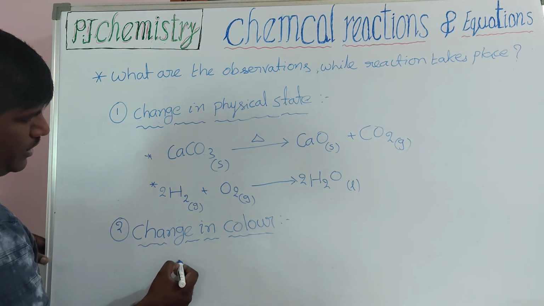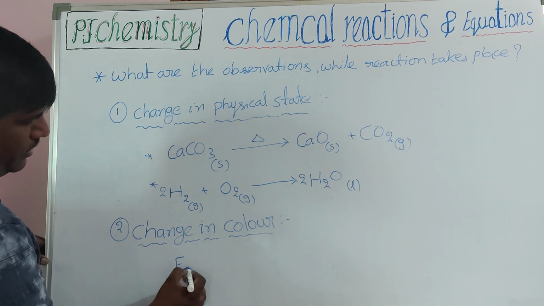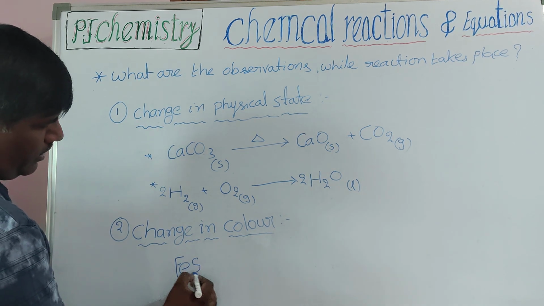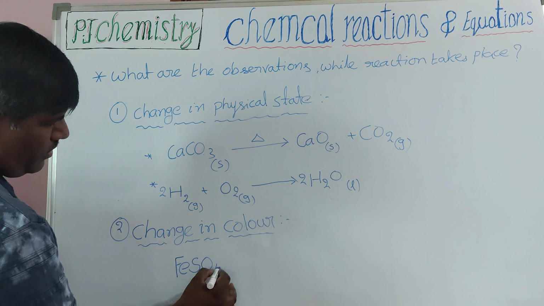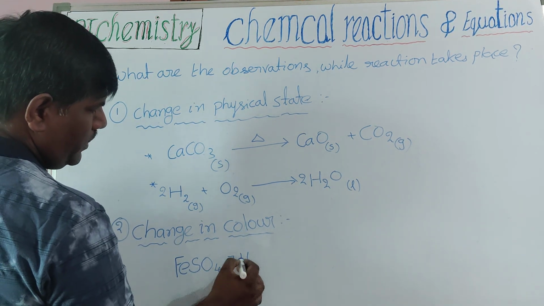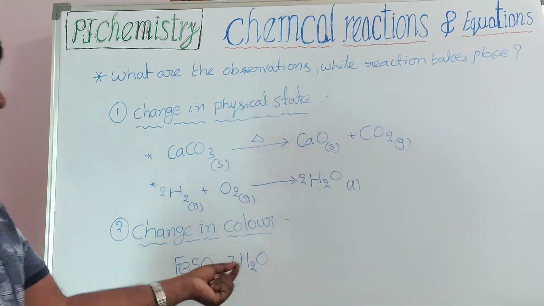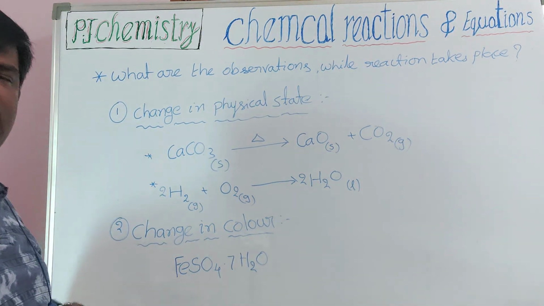For example, here, ferrous sulfate, FeSO4, in crystal form with 7H2O, 7 moles of water molecules, present in ferrous sulfate.